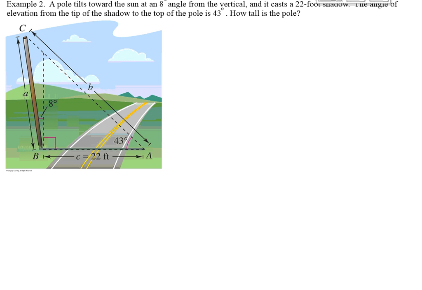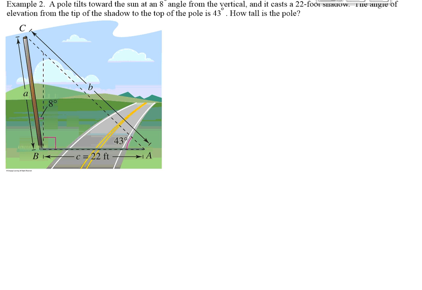And so it's tilted towards the sun at an 8-degree angle from vertical, and it casts a 22-foot shadow. The angle of elevation from the tip of the shadow to the top of the pole is 43 degrees. How tall is the pole?